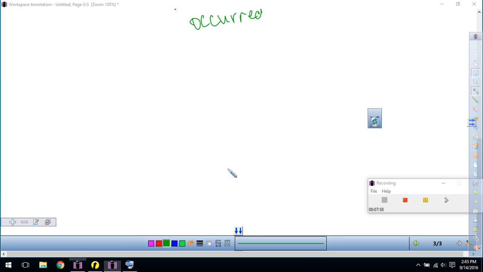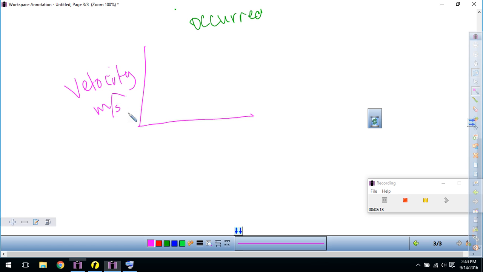There we go. Okay, if I pull this up on my phone and look at that second graph, it is not a position versus time, it's a velocity versus time. That makes a difference. You've got to pay attention to the y-axis. So this is velocity versus time, and I'm going to call that meters per second.